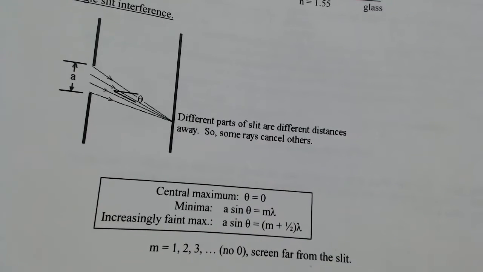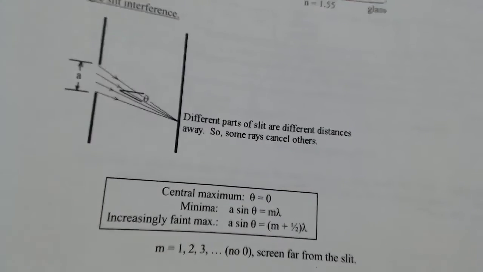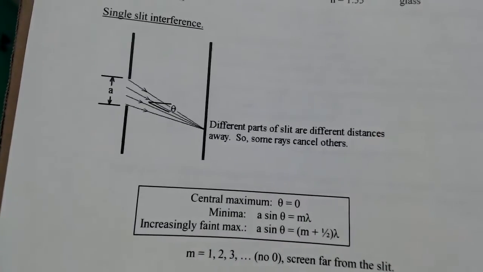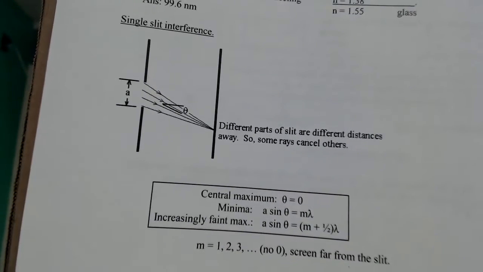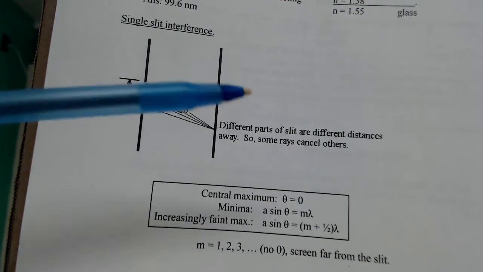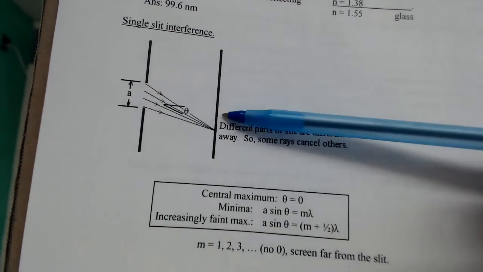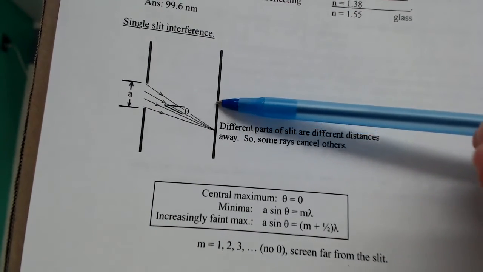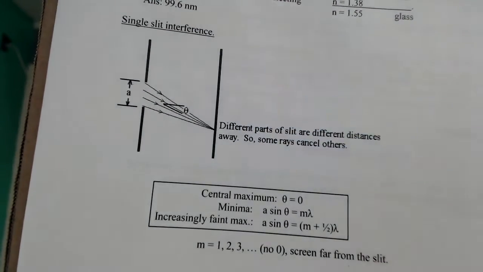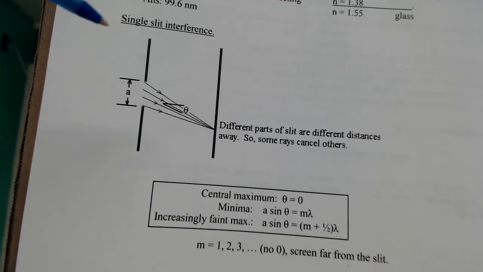Let's start in the middle and work our way out. So if you consider the point on the screen that's directly across from the slit, okay? And again, as with the stuff I did earlier, this is not drawn to scale.